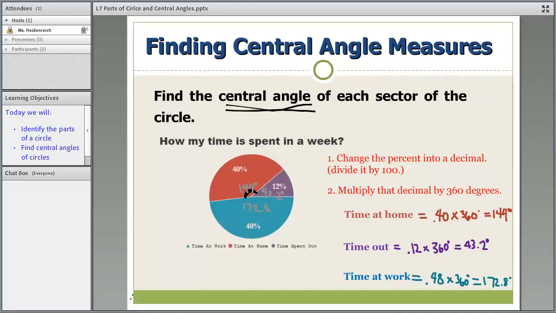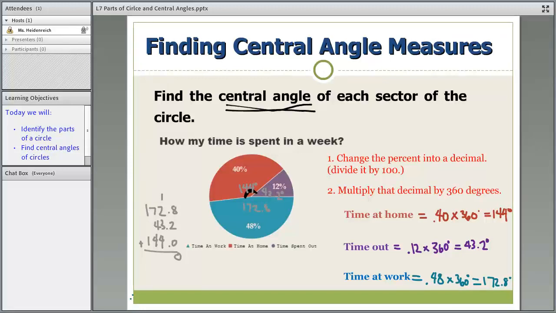So this sector here came out to 172.8 degrees. Now, if we did everything correctly, all three of our answers should add up to 360 degrees, right? Because we should be getting the total number of degrees for the circle because we've done all three sectors. So I'm just going to go ahead and check my math here. This is one way to check your answer. 8 plus 2 is 10.